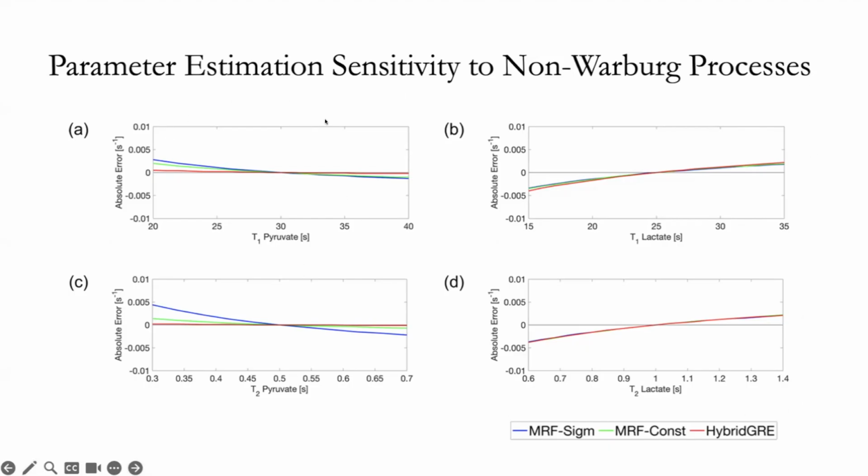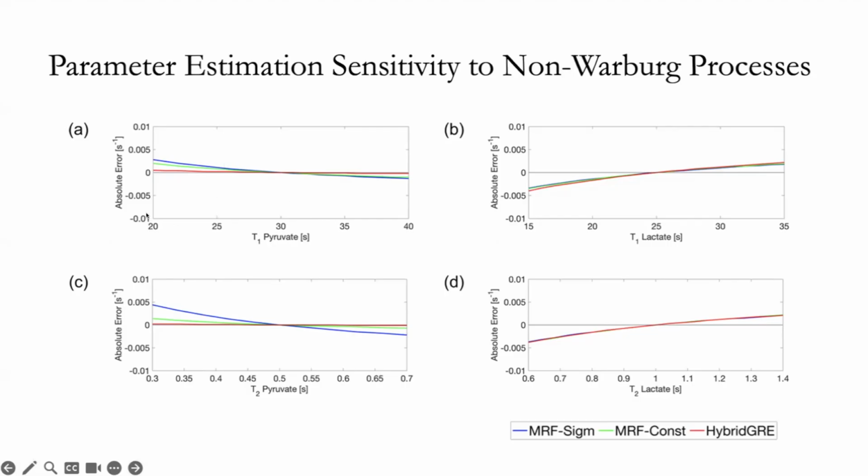So for instance, in the top left, we show if we have a true in vivo T1 of pyruvate of 40 versus the middle number here, which is what the dictionary assumed of a T1 of 30, how much error should we expect in our KPL match?